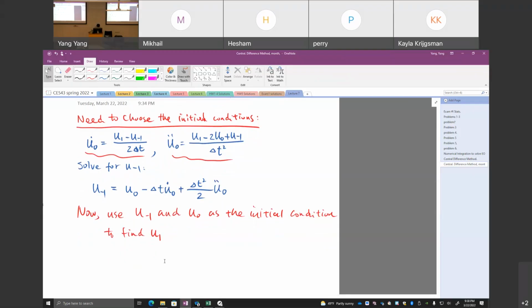Because U1 can be expressed in terms of U minus 1 and U0 here.